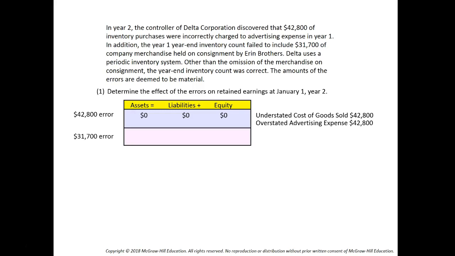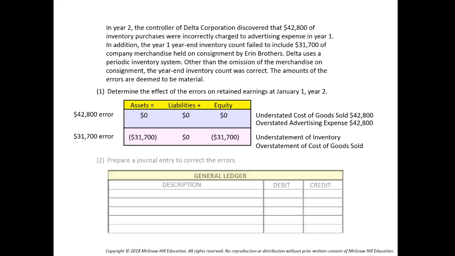The $31,700 error on the consignment showed a reduction in assets by $31,700, which understated inventory, but it also reduced our net income because it overstated our cost of goods sold.